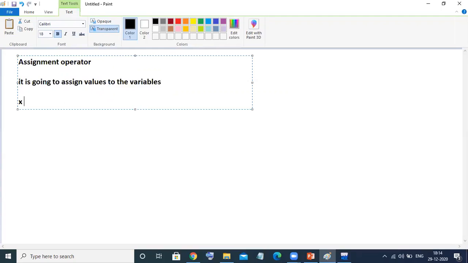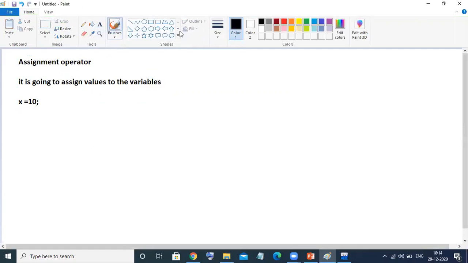That means if I'm using x is equal to 10, just now in the relational operator we have seen this kind of thing. The expression will be evaluated and then it's going to be assigned. So here the assignment will always be from right to left. Always from right to left.